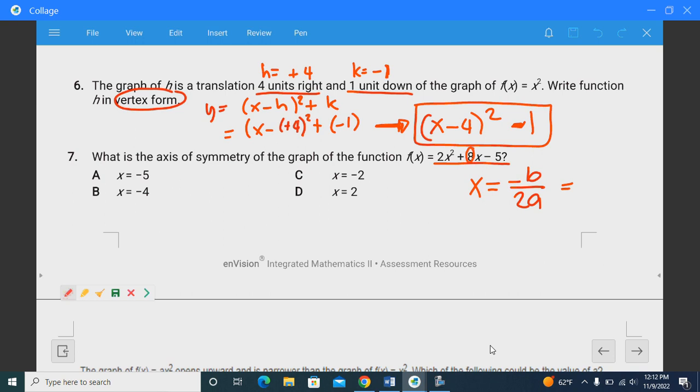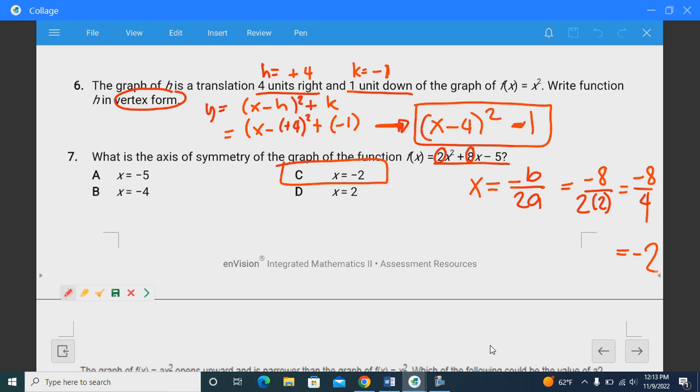It's 8. So the opposite of 8 is negative 8, and 2a, our a is 2. We have negative 8 over 4. Therefore, that would give us negative 2.